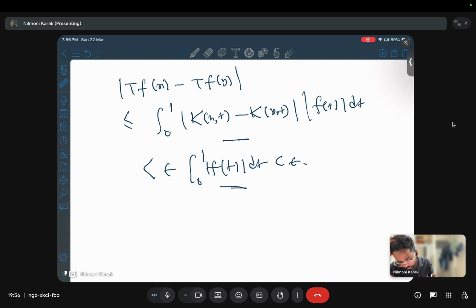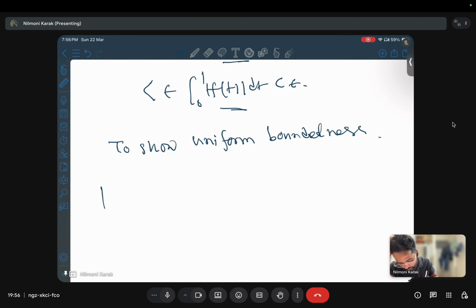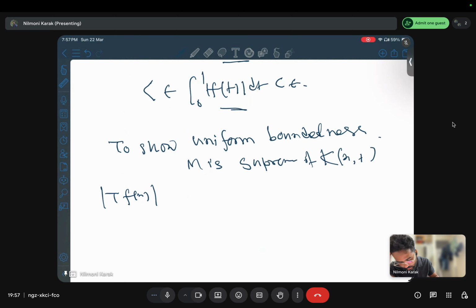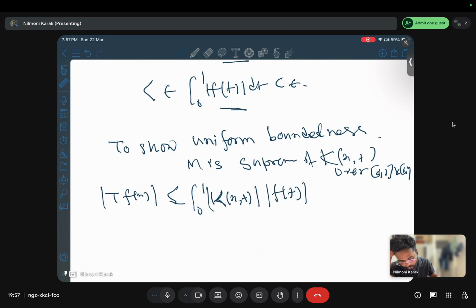And so to show uniform boundedness of T f(x), let M be the supremum of |k(x,t)| over [0,1] cross [0,1].